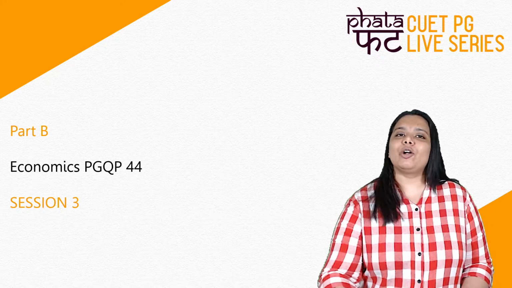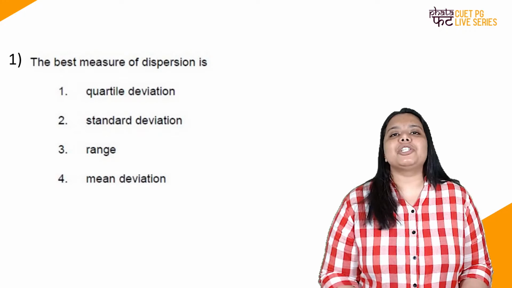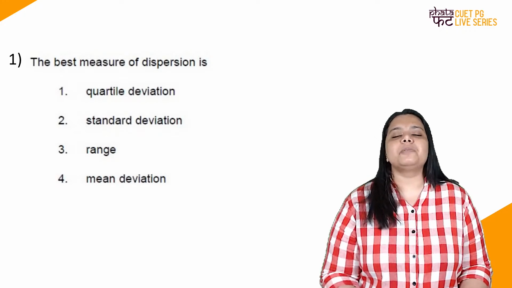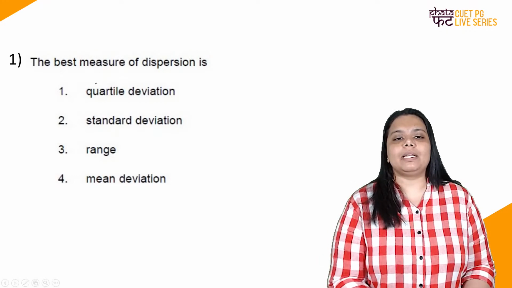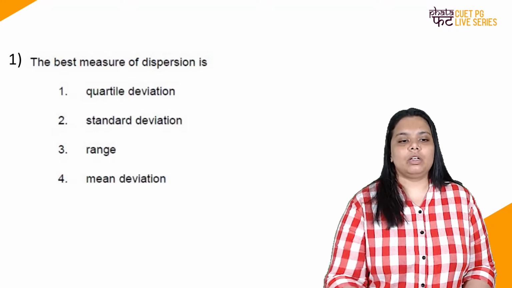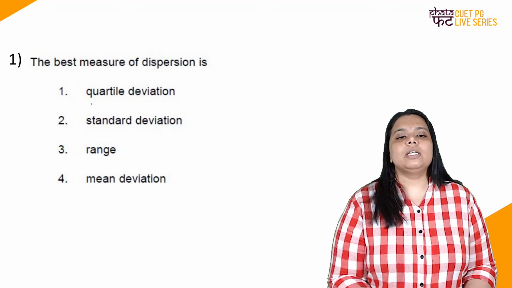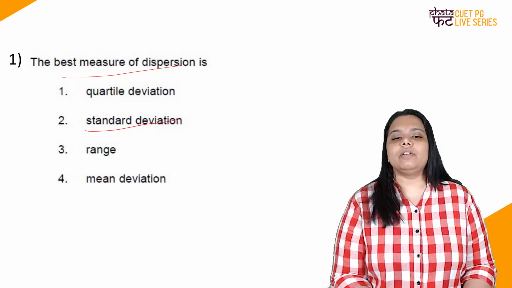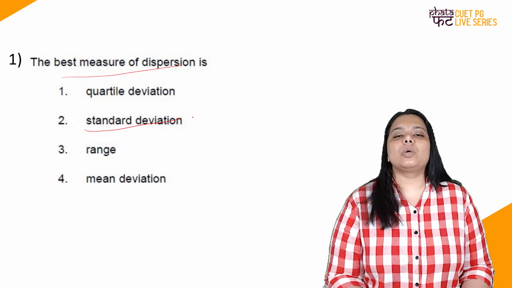So moving on to the questions. The first question is, the best measure of dispersion is option 1 quartile deviation, option 2 standard deviation, option 3 range, and option 4 mean deviation. Standard deviation is what we call the best measure of dispersion, and it is the square root of variance.